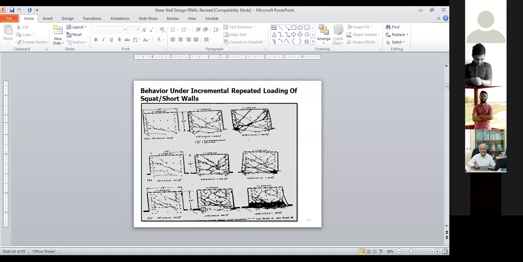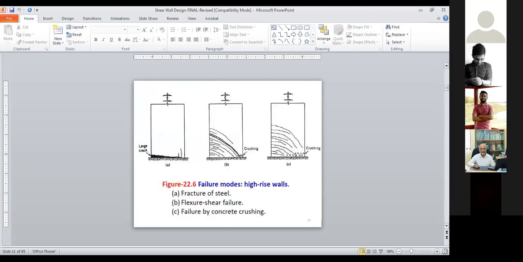You can see the shear cracks that make almost 45 degrees with the vertical axis, and you can see a lot of cracks due to shear. But in our cases, mostly I think we will have a failure mechanism like type C failure. That is the failure by concrete crushing here.